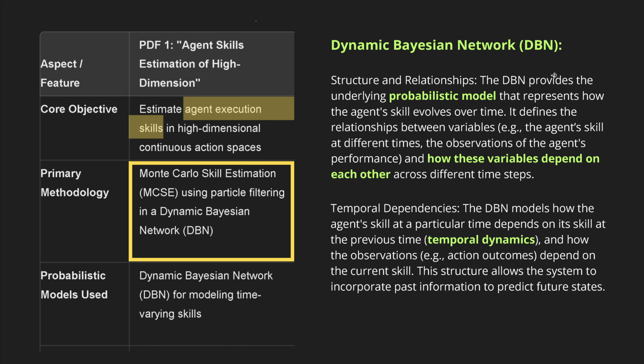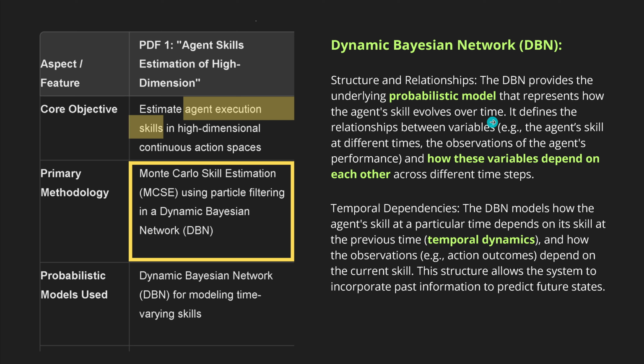Talking about making life easier, let's make it a little bit more complicated, going from a normal stationary Bayesian network to a dynamic Bayesian network. If we go with a dynamic version, it provides the underlying probabilistic model that we need, which represents how the agent's skill will evolve over time.